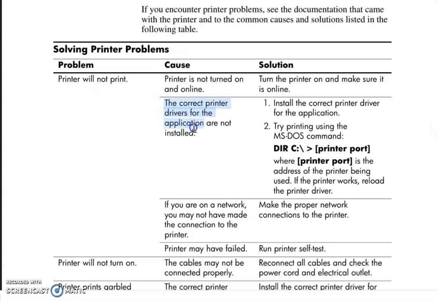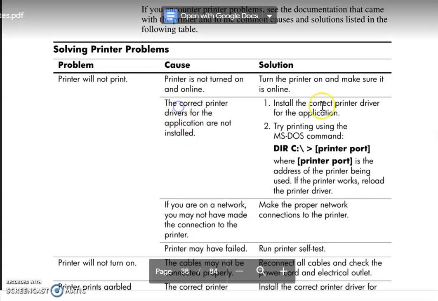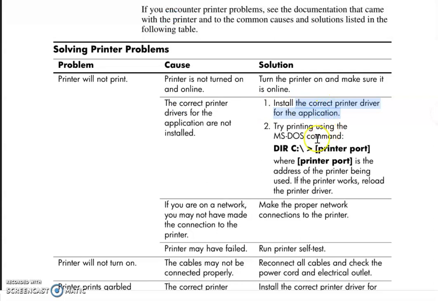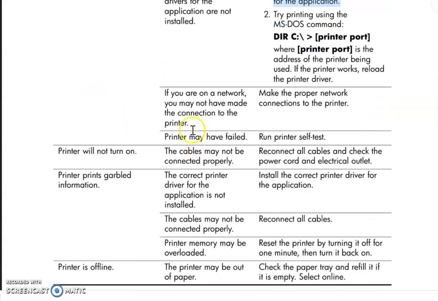Every printer driver is for particular devices of their own company, so we have to install accordingly. Ensure whether it is correct or not. If it is not correct, then install the correct printer driver that is suitable for your printer.